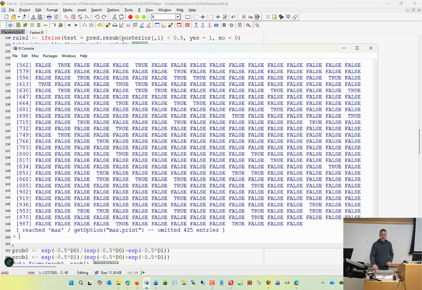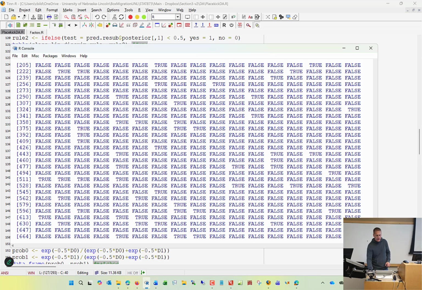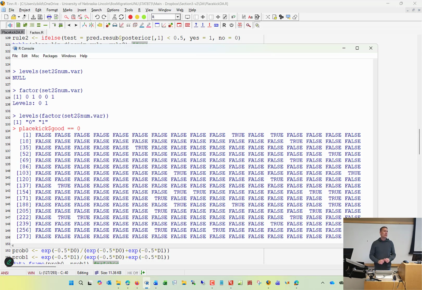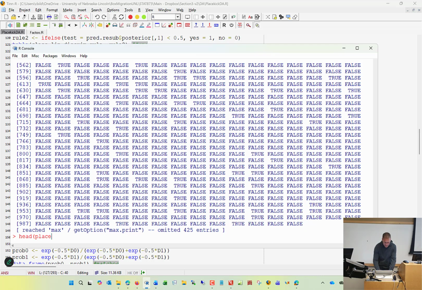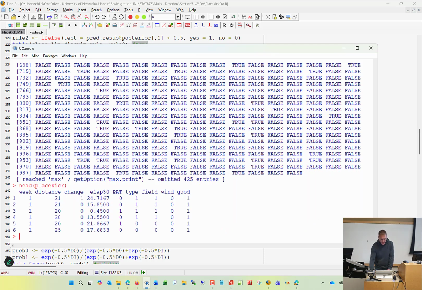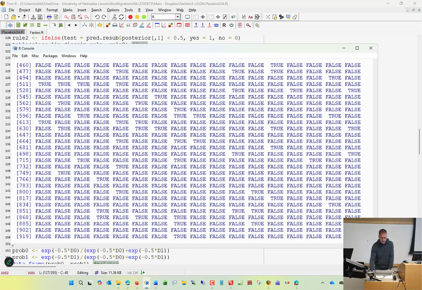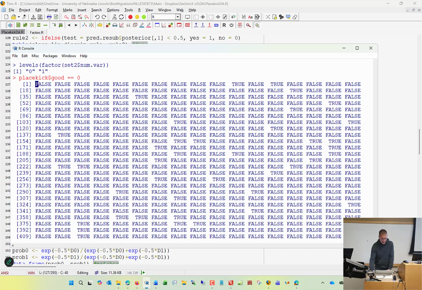What it does, it compares each of the good values. Is it a 0 or is it a 1? And so notice you see falses, you see trues. So notice the very first 6 observations are 1s. The very first 6 here are then falses.